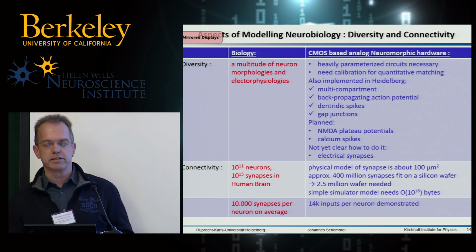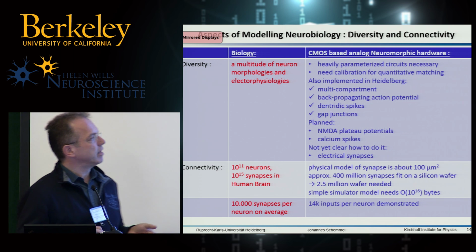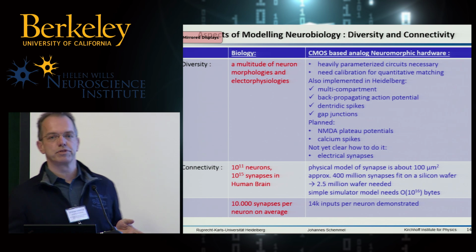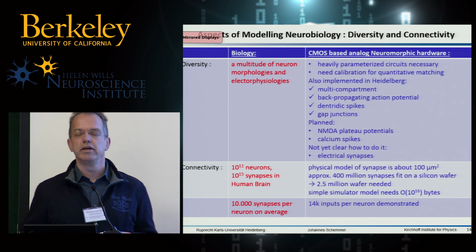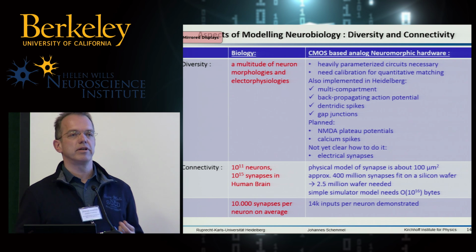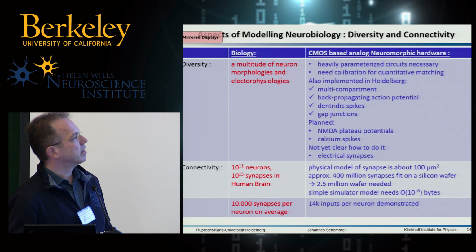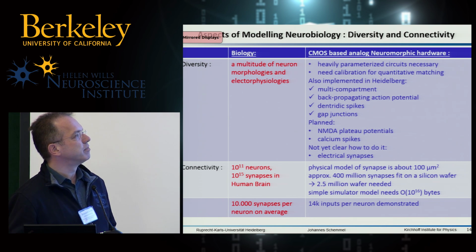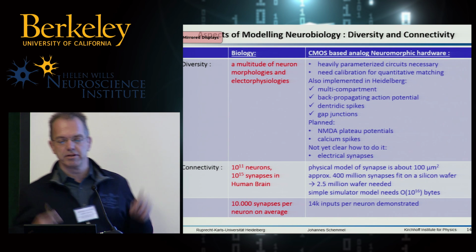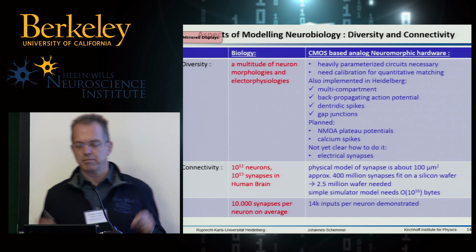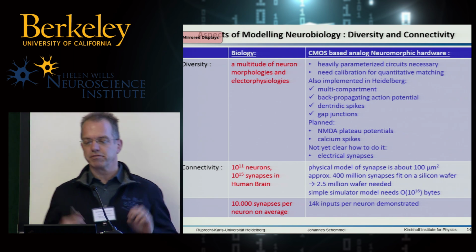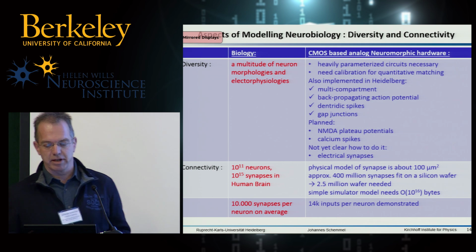So I think there's still more than enough to do useful stuff and learn a lot about how to train neural networks to do things. But we would need approximately 2.5 million wafers to reach the numbers of the human brain. So this is unfeasible.